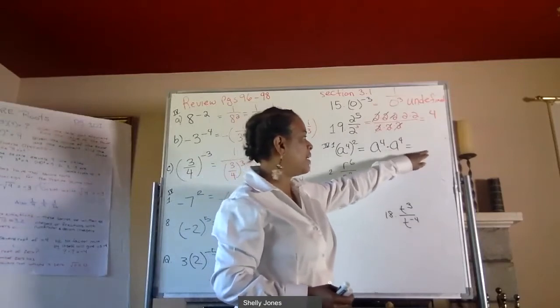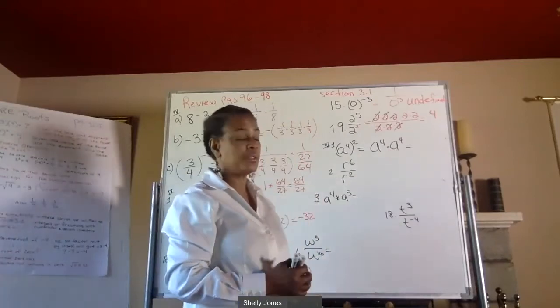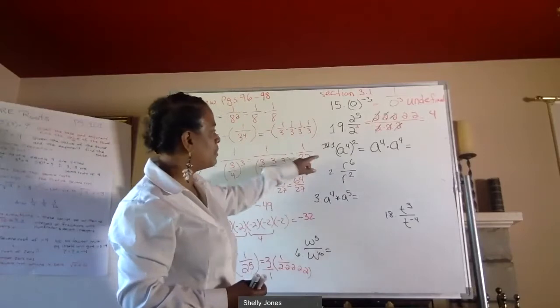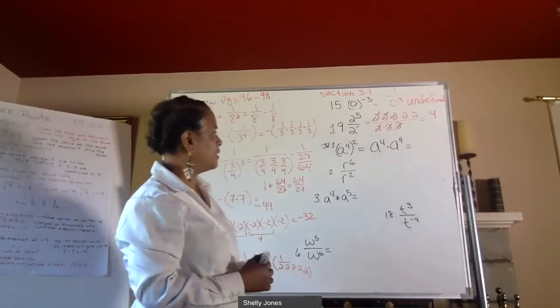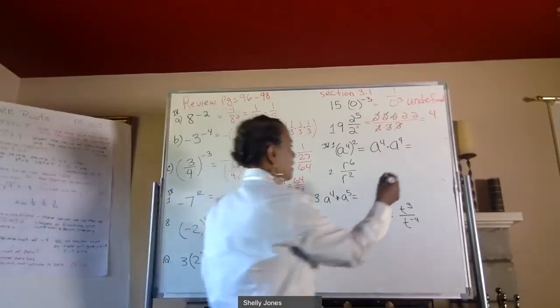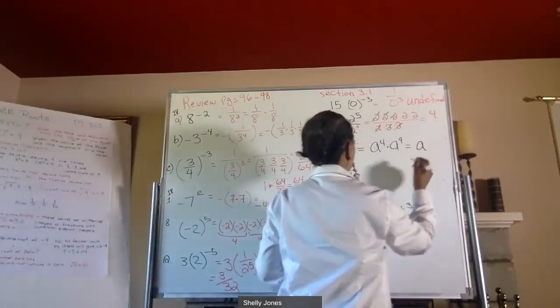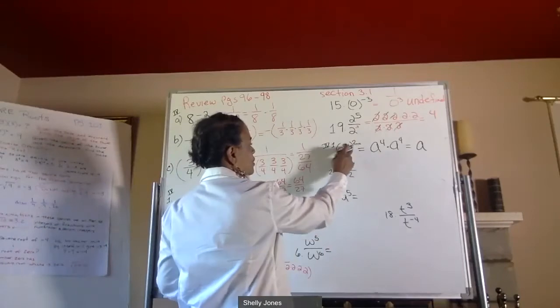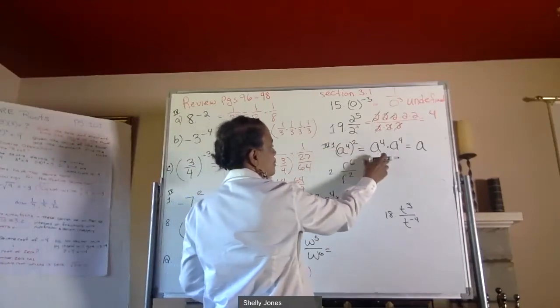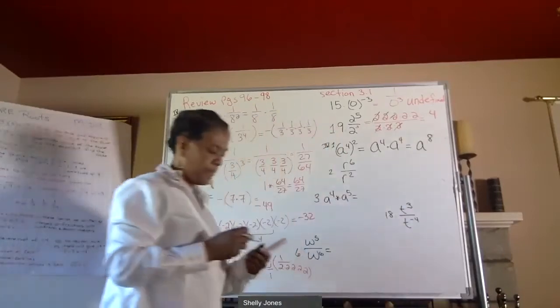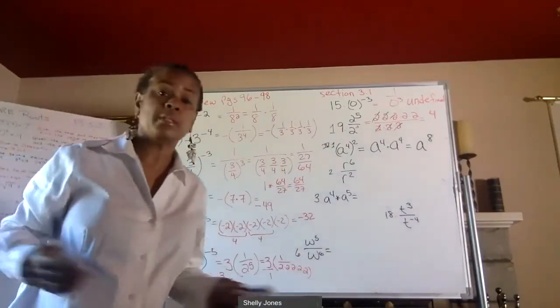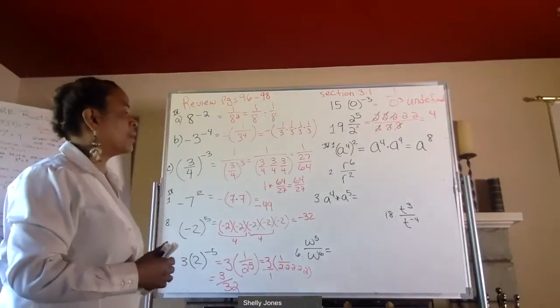And I have four more of those, right? So a to the fourth squared is a to the 8. Let me just make sure. I have four of those, and then four more, so I have 8 of those. 4 and 4 is 8. Or 4 times 2 is 8. You can think of it like that as well.